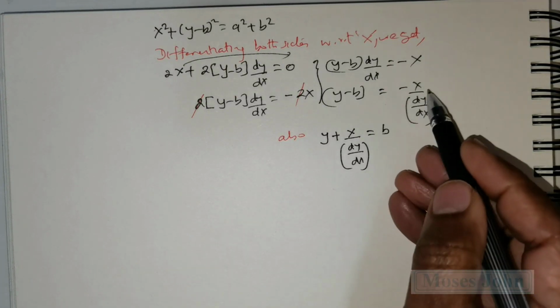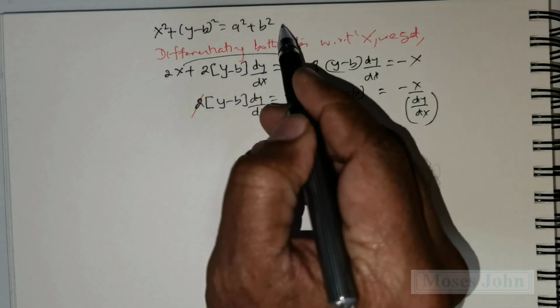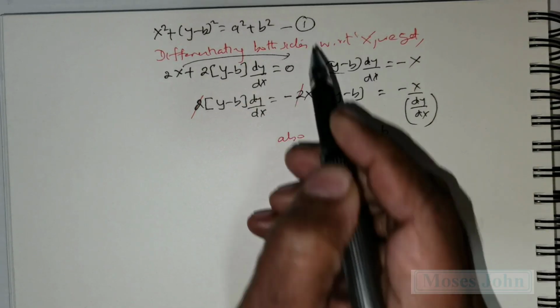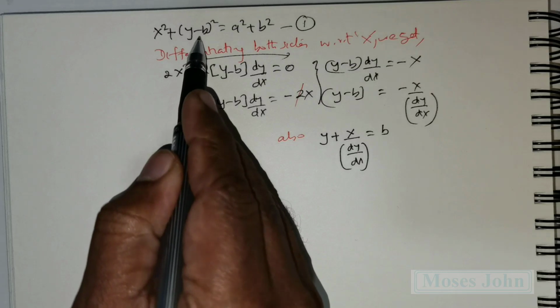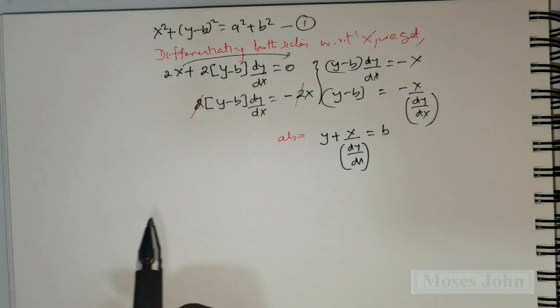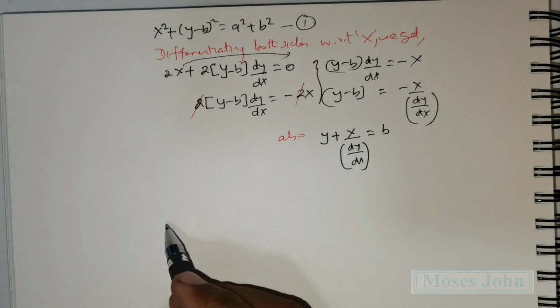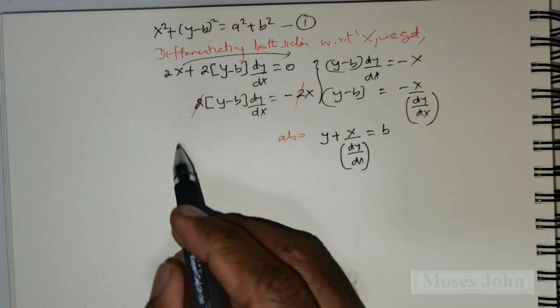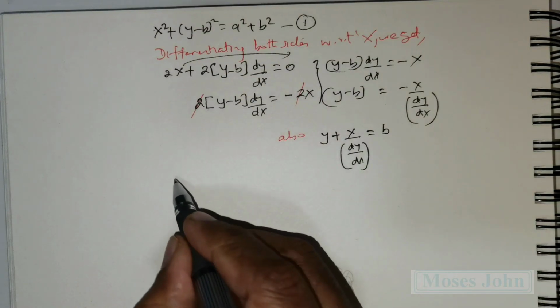Now, since I have two representations, let me name this as 1. I'm going to substitute the value of b there, and from there I'm going to perform some simplification so that I'm able to obtain the differential equation.